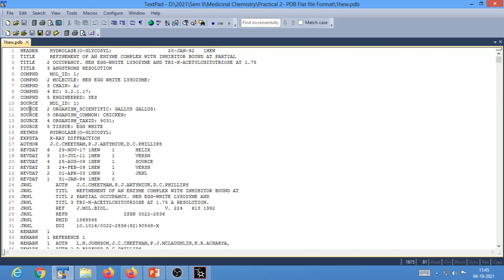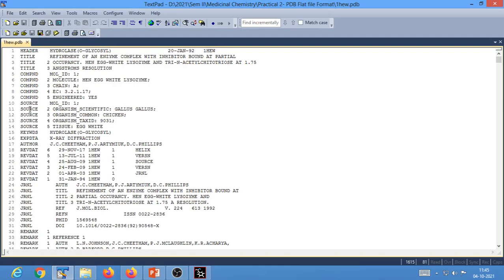Okay, so to begin with, for the sake of simplicity, as I have already mentioned, any PDB file can be divided into two major portions. The first portion is called the annotation portion of your PDB file, and the majority of your PDB file is represented in the coordinate section.